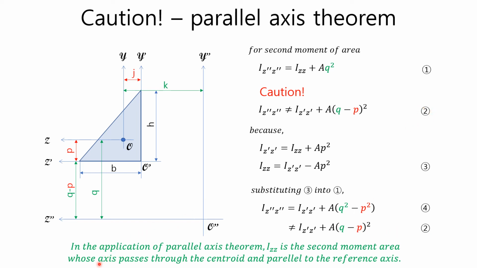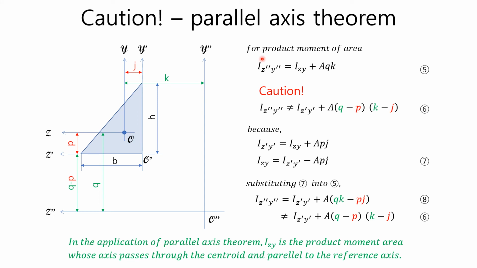Therefore, we have to remember, in the application of the parallel axis theorem, Iz here is the second moment of area whose axis passes through the centroid and is parallel to the reference axis.